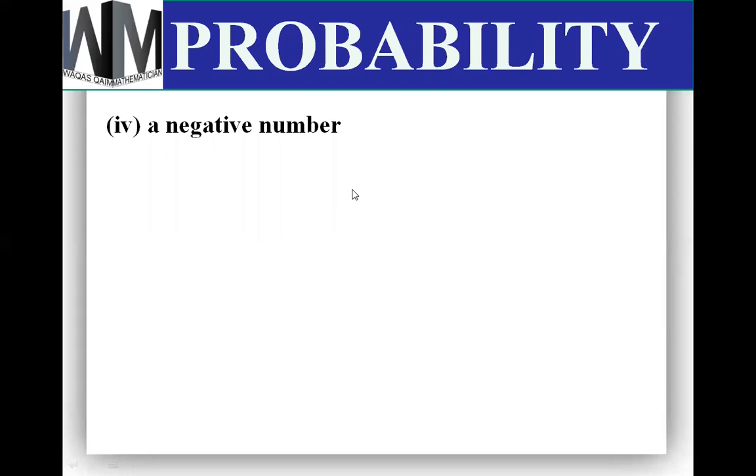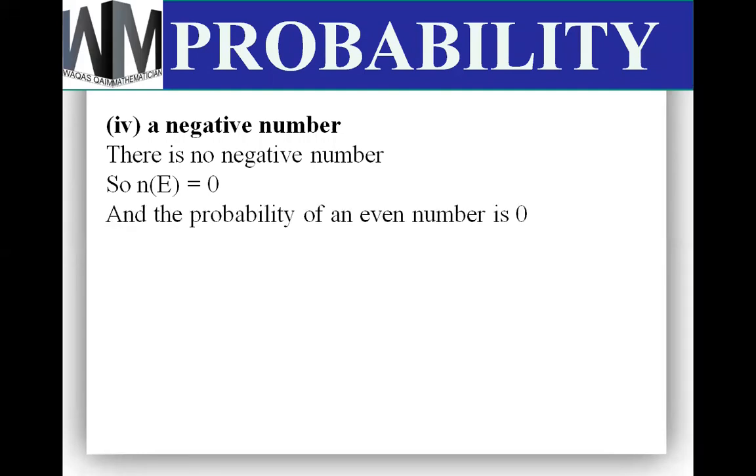So there is no negative number. So the number of events is zero, and the probability of a negative number is zero. There is a mistake. It is written even number, but actually this is a negative number.